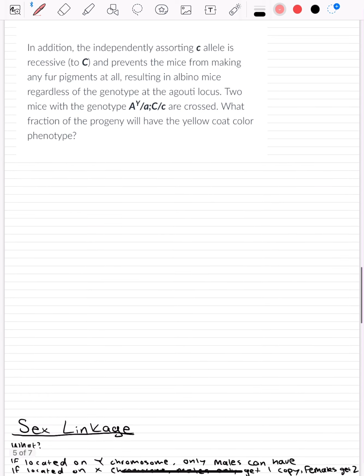Alright, so here we have 2 genes which are impacting the phenotype of an individual. We have AY and little a. Now, AY is a recessive lethal allele, so it will result in lethality. AY, little a, will result in a yellow mouse color.